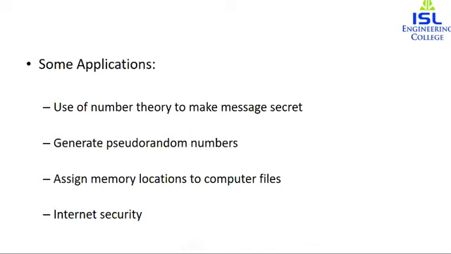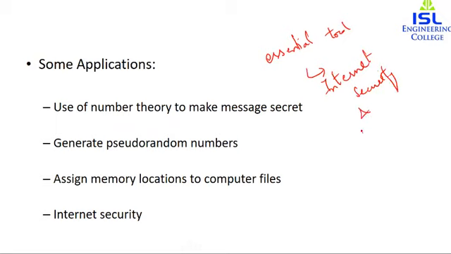Now number theory is basically a very essential tool. So number theory along with algorithms is an essential tool for internet security and networks. Okay. So the next thing, where are we going to use algorithms?